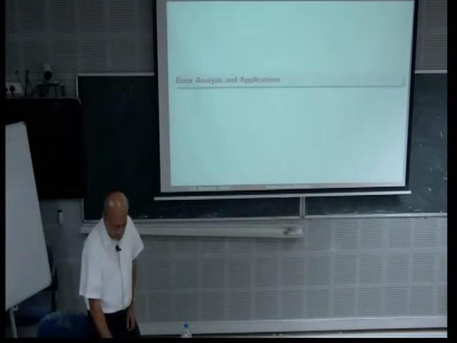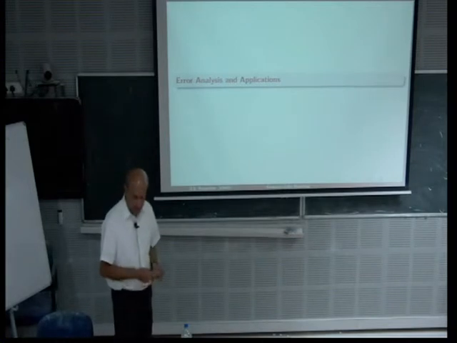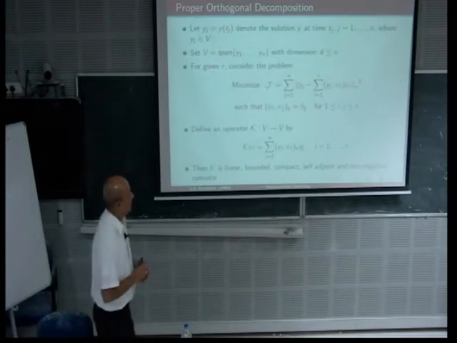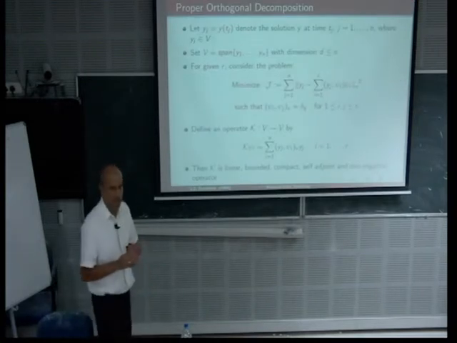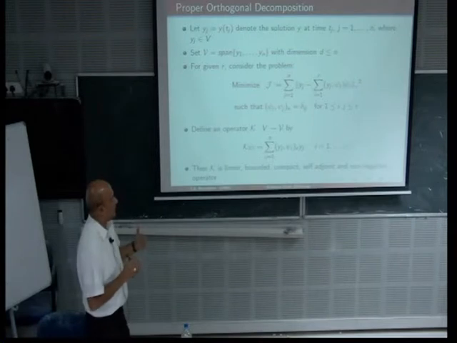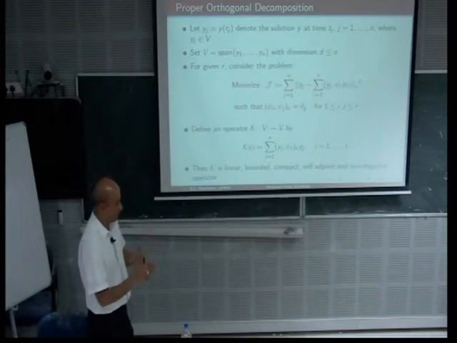Let me next talk about the error analysis. First, I'm going to talk about the error in constructing the POD subspace. If you want to do error analysis, you first have to have an idea about the approximation theory, how the spaces are approximated and what the corresponding error is.